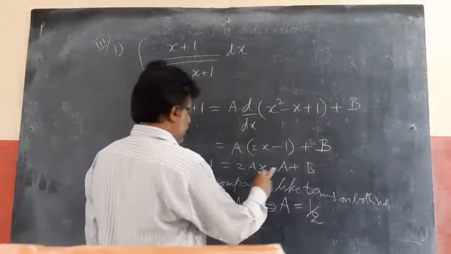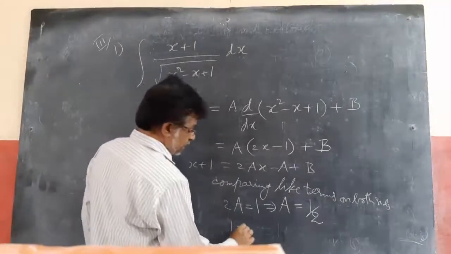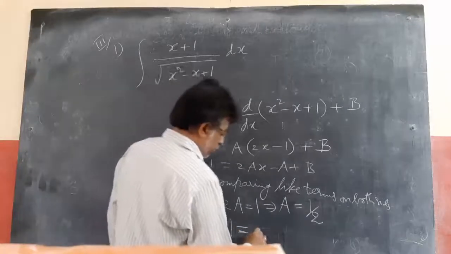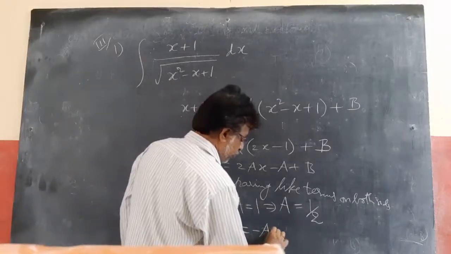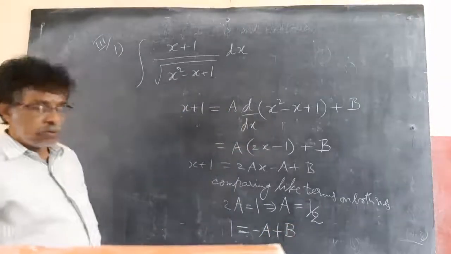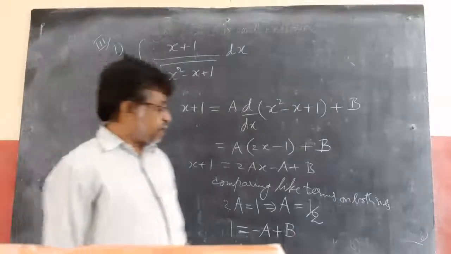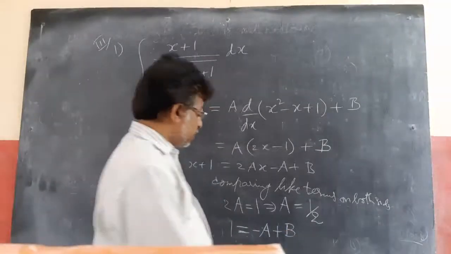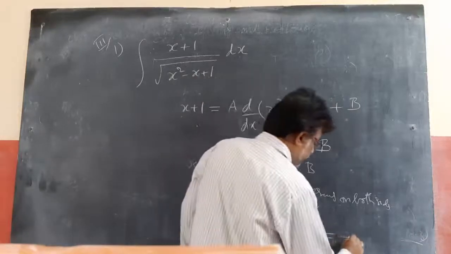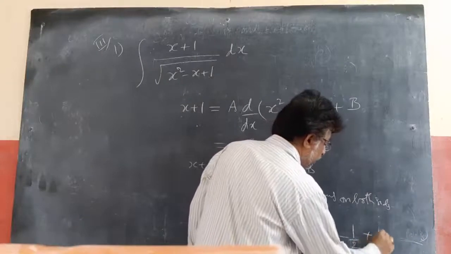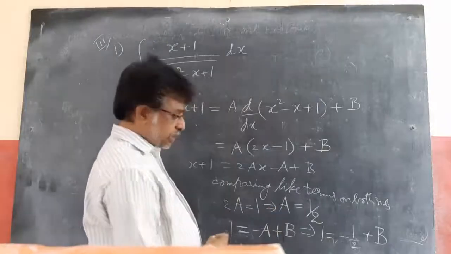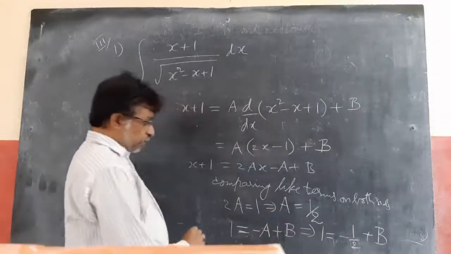Next, comparing constants: 1 is equal to minus a plus b. Now substitute the value of a: 1 is equal to minus 1 by 2 plus b, which implies b equals 1 plus 1 by 2, so b equals 3 by 2.